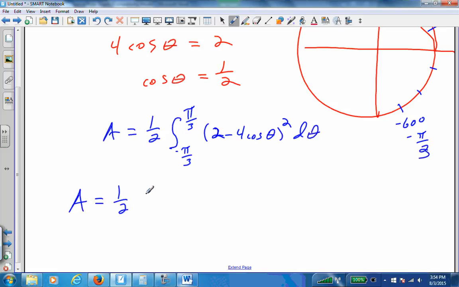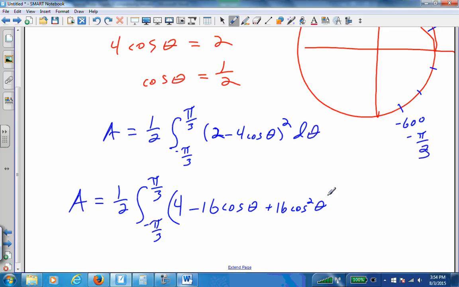So we have 1/2 the integral. If we square that out, we get 4 minus 16 cosine theta plus 16 cosine squared theta. The first one squared, twice their product, the second one squared. The product is minus 8 cosine theta, twice that, minus 16.